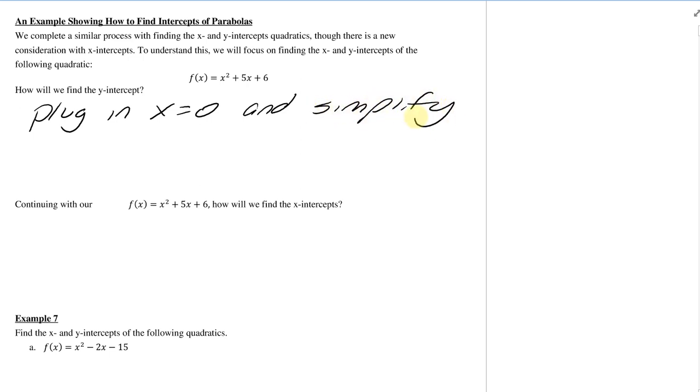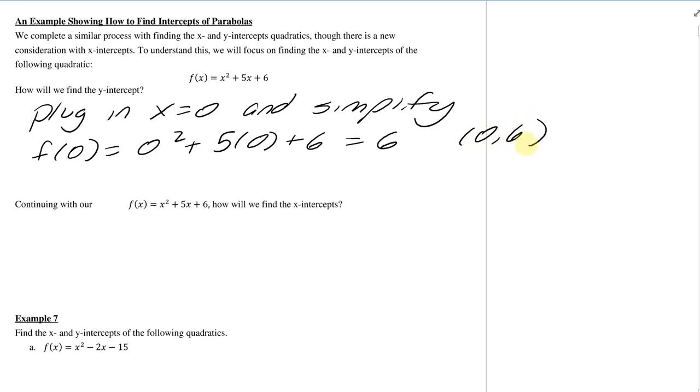So you're just going to plug in x equals 0 to find your y-intercepts. In this case, I'm just going to take f of 0, and you can probably tell what it is just by looking at it. So this is going to be just 6. So the y-intercept in this case is the point (0, 6). Okay, so that's the nice case.